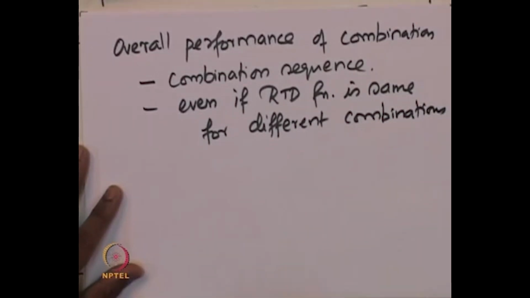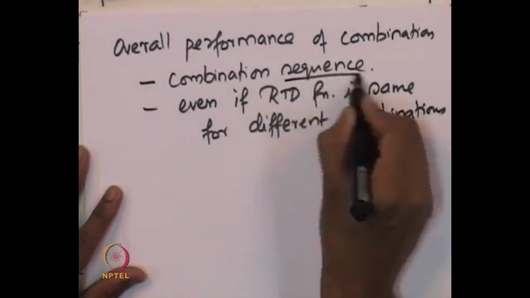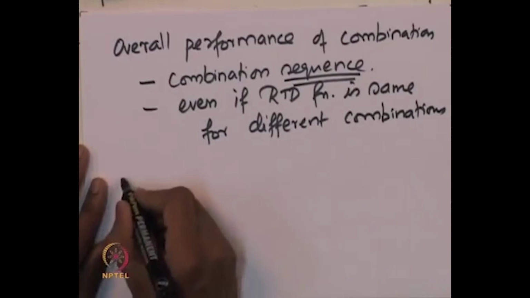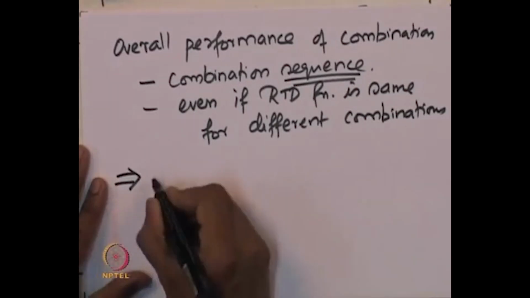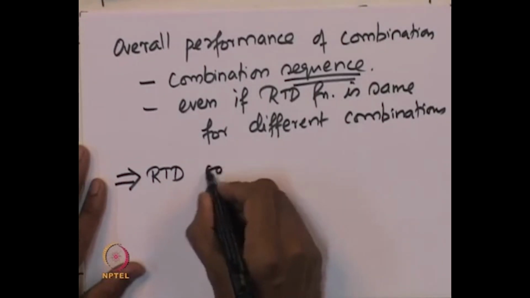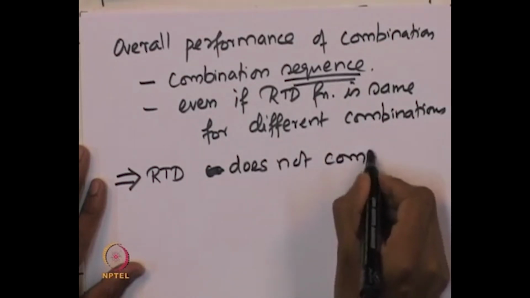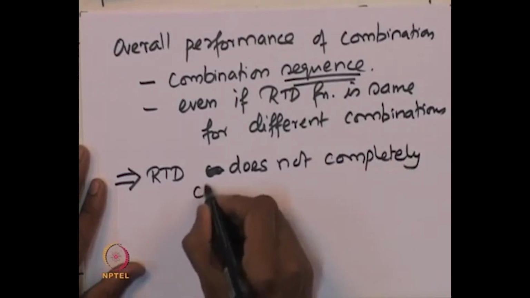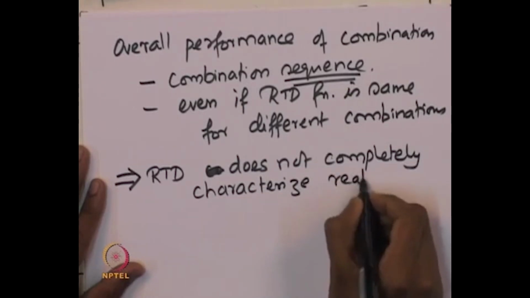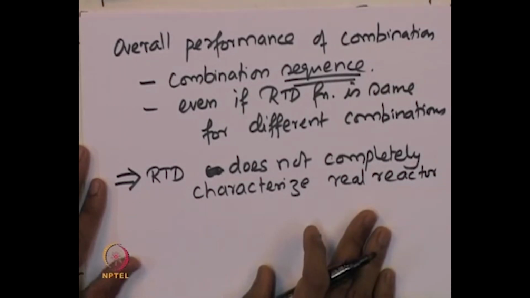So, even if the RTD function is the same for different combinations, the overall performance of the combination actually depends on the sequence, the actual sequence in which the reactors are placed. So, this clearly shows that the RTD function does not completely characterize the real reactor situation.